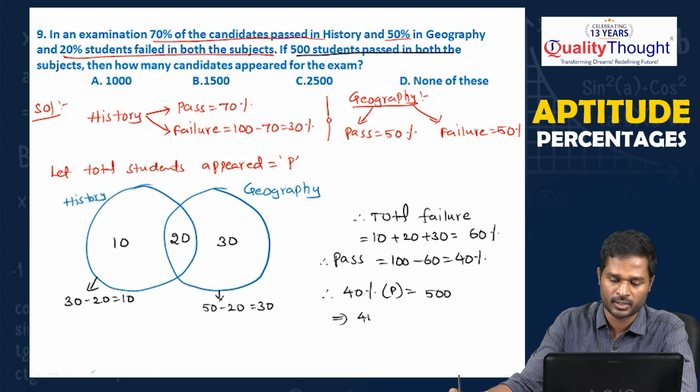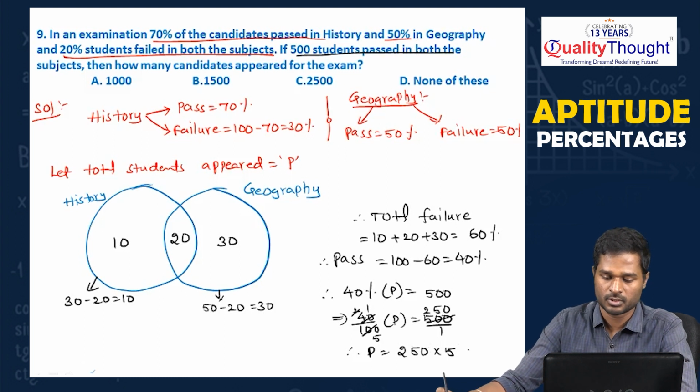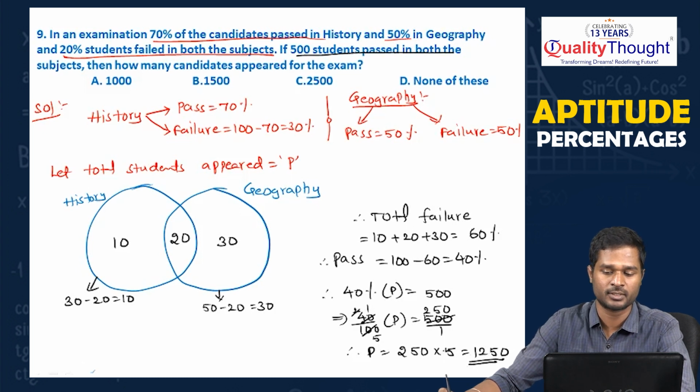So, 40% of P equals 500. P equals 500 times 100 divided by 40, which is 250 into 5, that is 1250. So, this is the total number of students who appeared for the test.